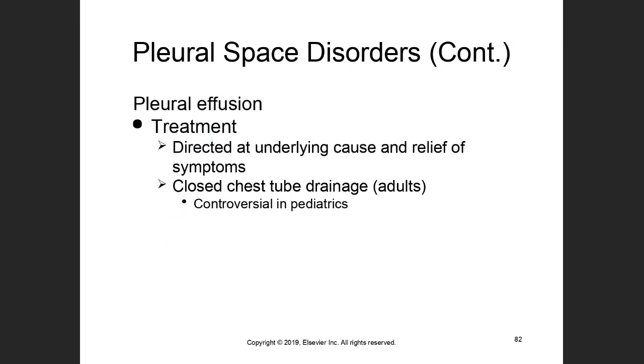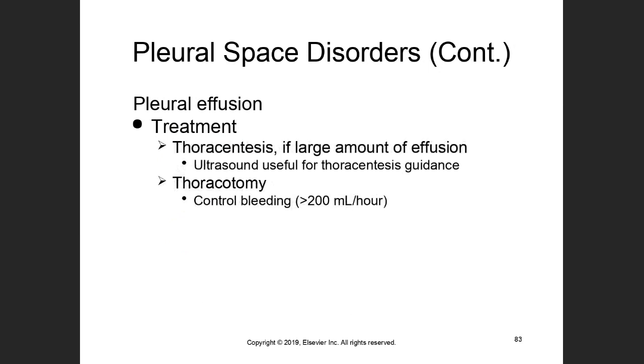You have to remove that fluid. You have to put a chest tube. Thoracotomy is done if the bleeding is a lot, and also if the bleeding is ongoing and doesn't stop.